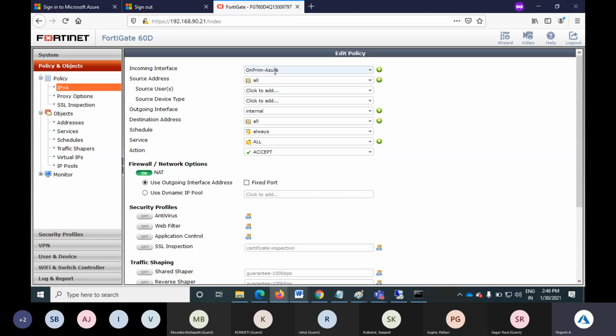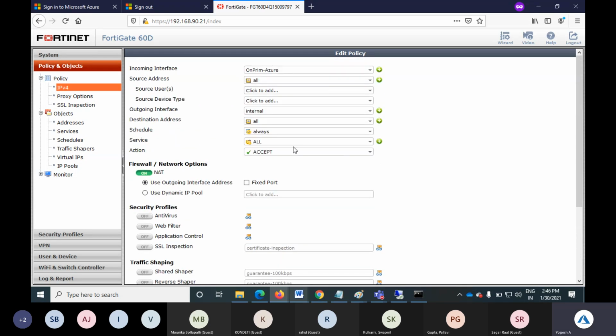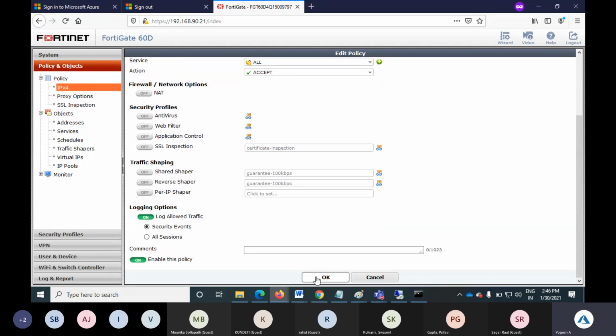So all the traffic will hit that particular tunnel. All sources, outgoing traffic will be routed via the internal port. Destination always all. Action will be accept. Remove the NAT. Actually, NAT is not required at all.